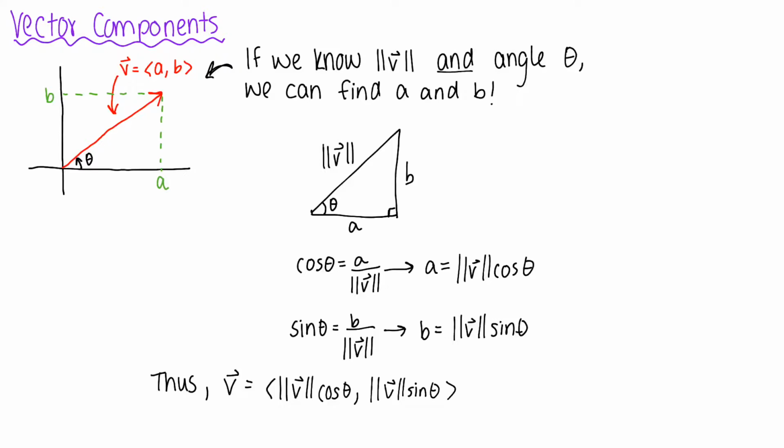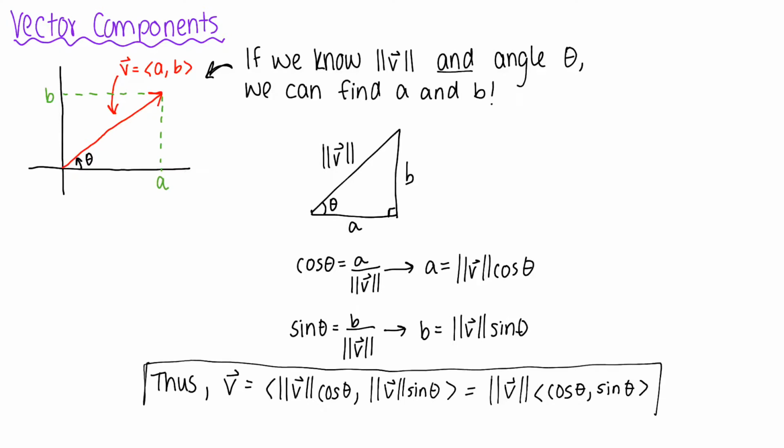Which, if you wanted to be real fancy, you could pull that magnitude V out front and do cosine theta, comma, sine theta. But either of those will work. So having that angle can help us find the vertical and horizontal components. So let's do an example of that.